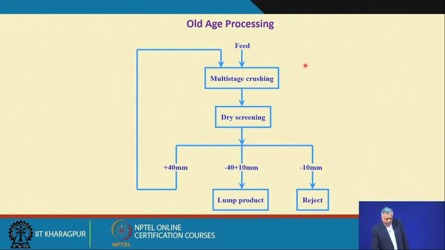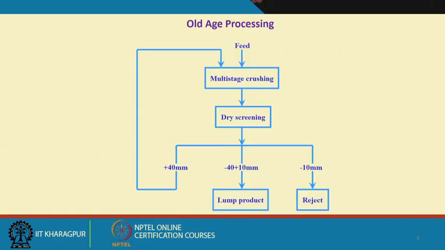At that time my client was interested only in minus 40 plus 10 mm iron ores, because there were no techniques or technologies to use minus 10 mm particles in the blast furnace.